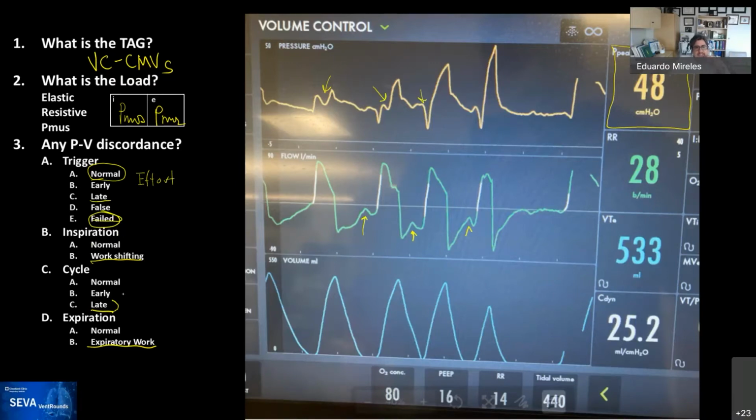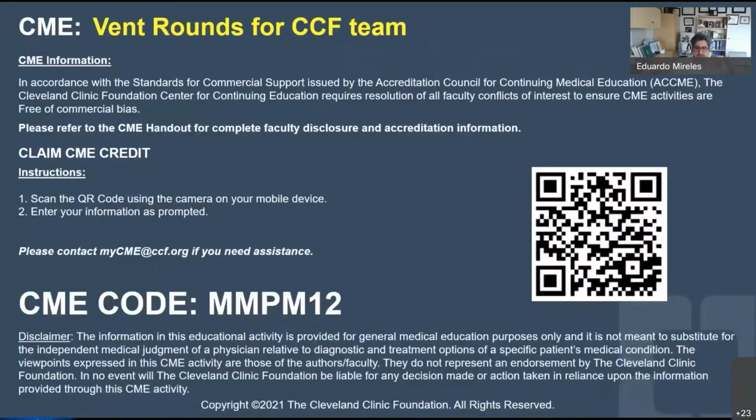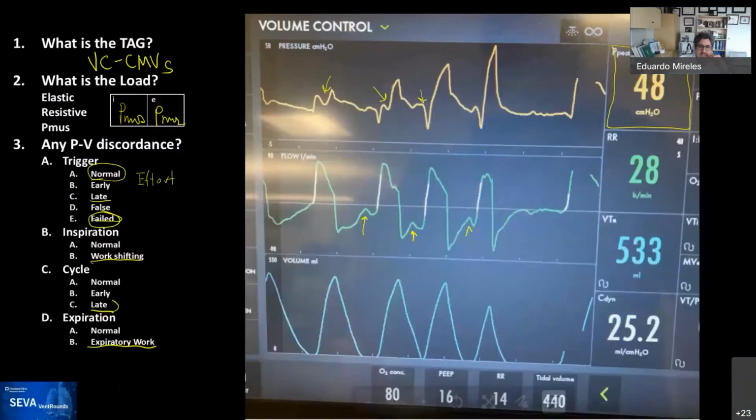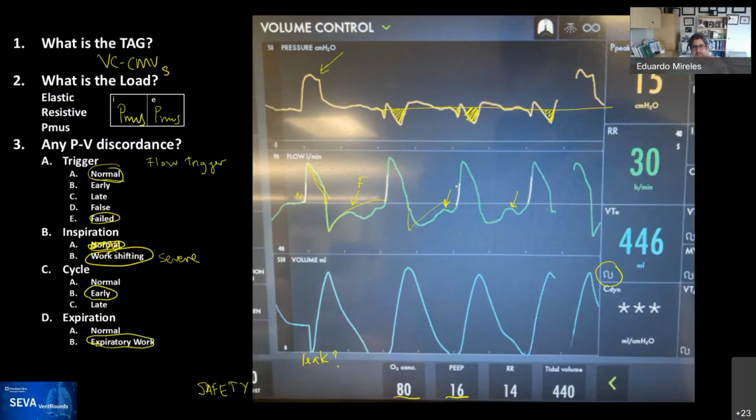And then you have the cycle. This is the key part, I think. Look at the expiratory flow. Compared to the last time, you remember how the expiratory flow was shorter, meaning the patient was doing inspiratory effort, so it was early cycle.